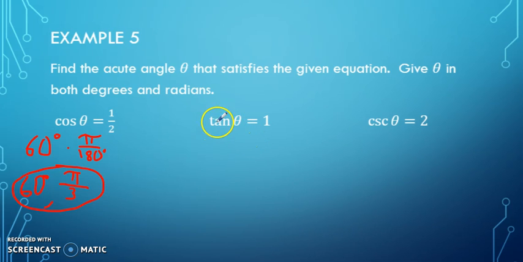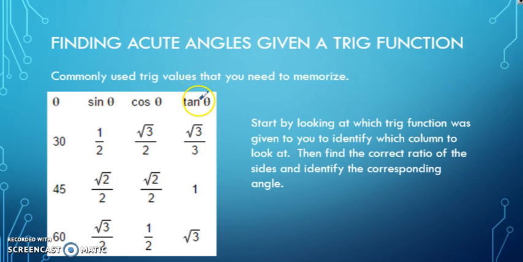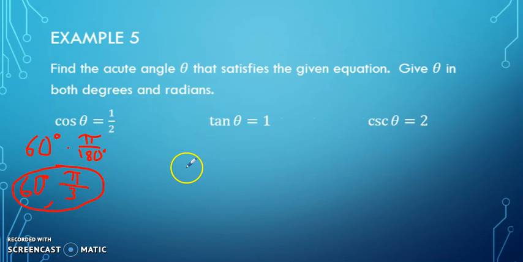Next, we're going to look at the tangent column and find which one has a value of 1. So here's the tangent column. Go down until you see the value of 1. That's the ratio of the opposite and adjacent sides to it. So the angle that this happens at is 45 degrees. And then we also need to convert this into radian measurements.